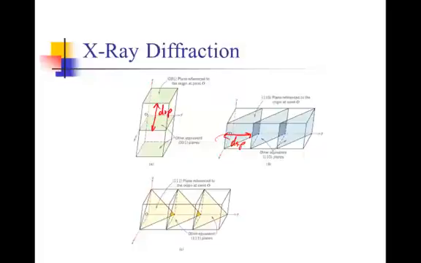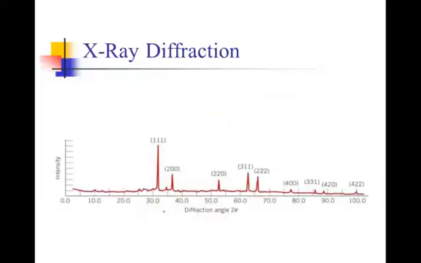And so each D spacing will have a different angle of reflection that it causes constructive interference at. And as you can see depicted here, the same crystal structure can have several different types of planes in it, and each one will have a different D spacing. So each crystal has multiple D spacings associated with it. And if we scan the crystal over a range of angles 2 theta and look at the intensity of the X-rays that we're detecting, whenever we see a large peak, that's constructive interference.